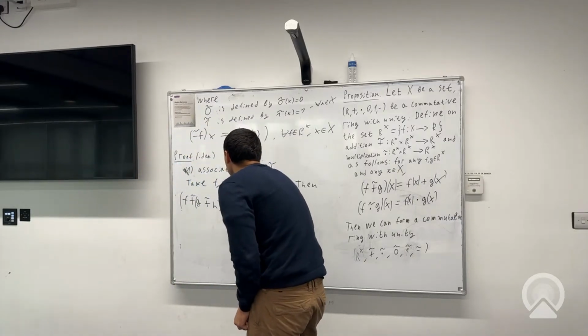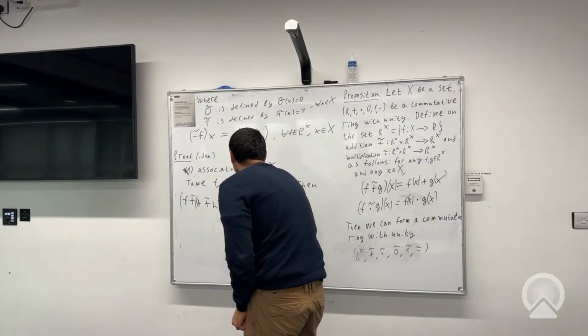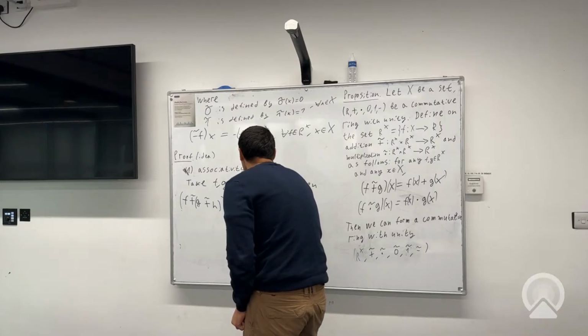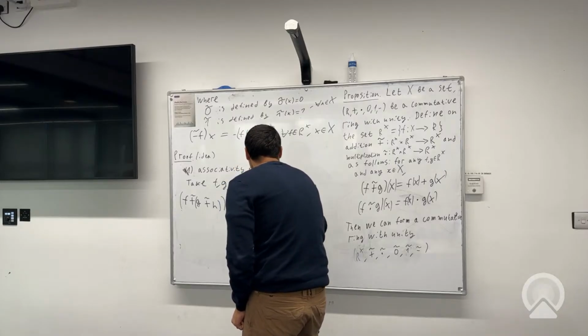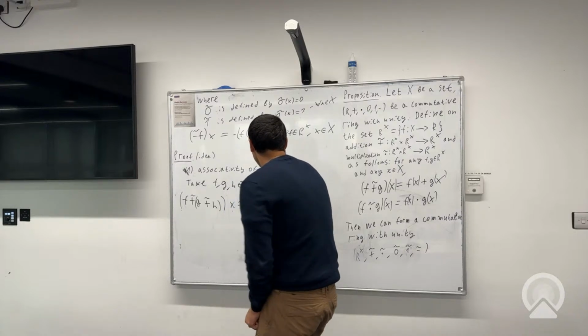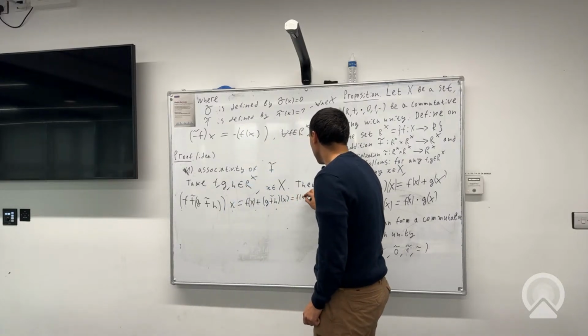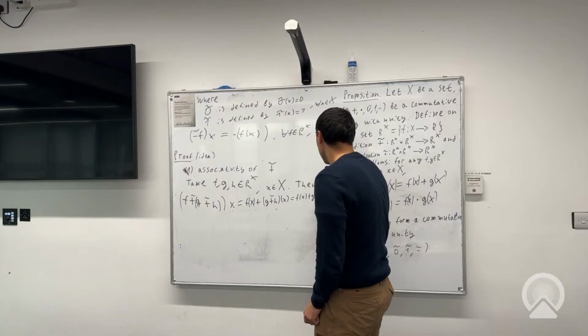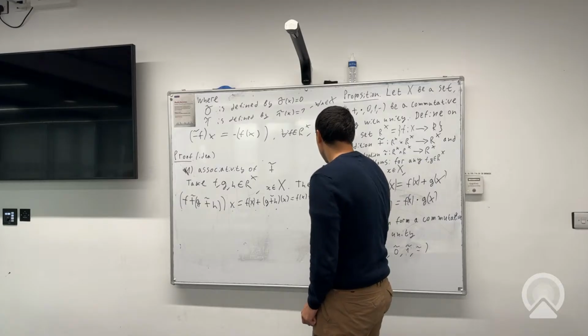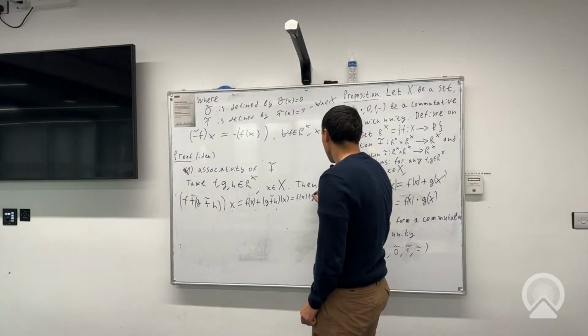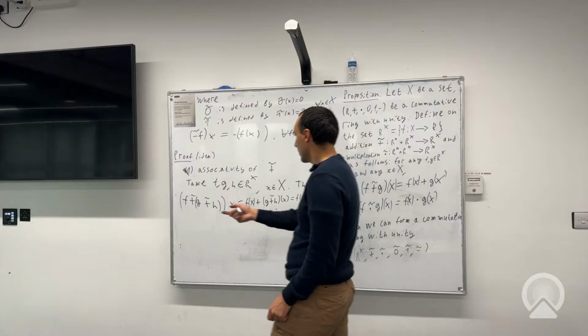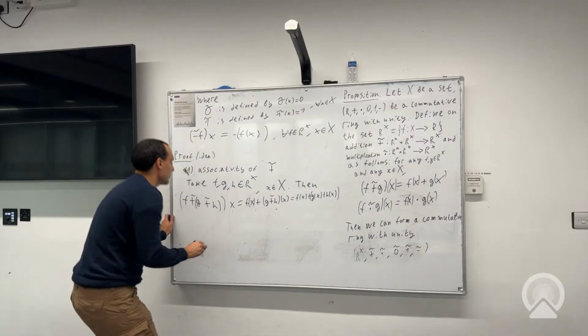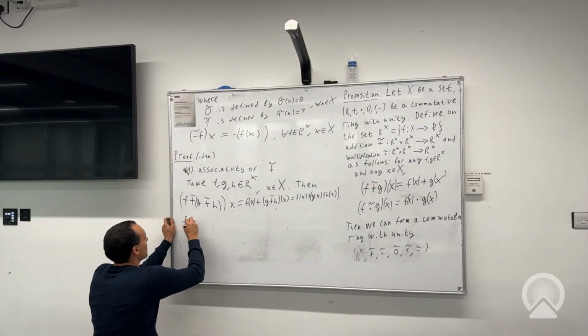Well, this is f of x plus (g plus h) of x. And this is f of x plus g of x plus h of x. Right here. And the other side is the same with different brackets.